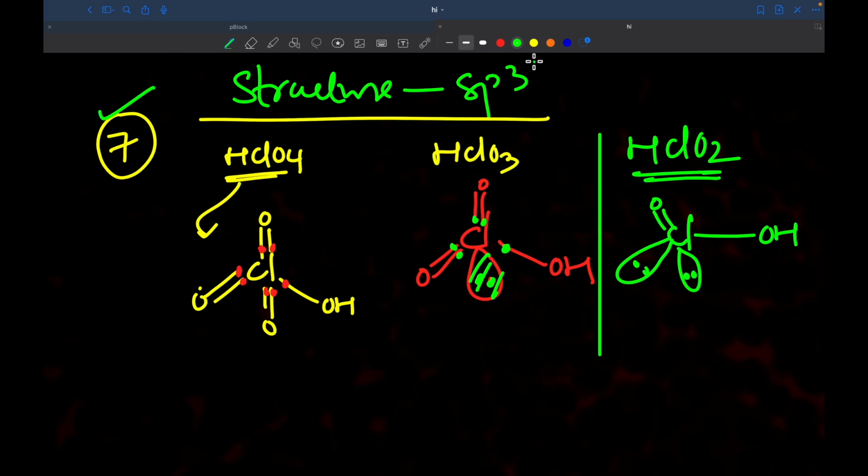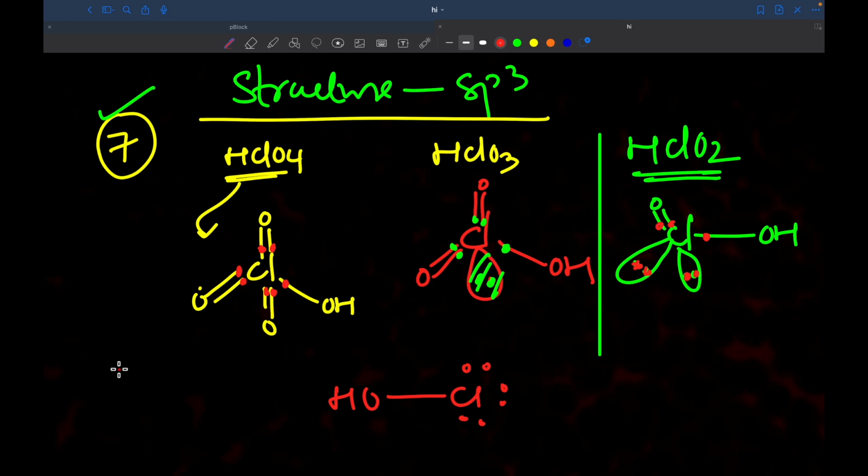Makes sense, right? 7 electrons should be there. 1, 2, 3, 4, 5, 6, 7 electrons, all 7 electrons. And the last one is this one, where you have 3 lone pairs on the chlorine. HOCl has this kind of structure.